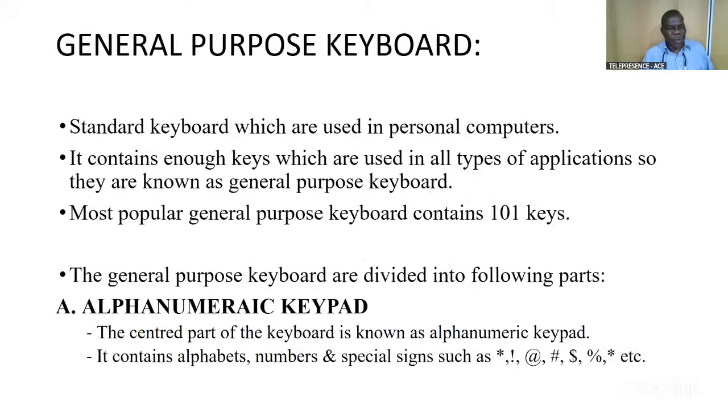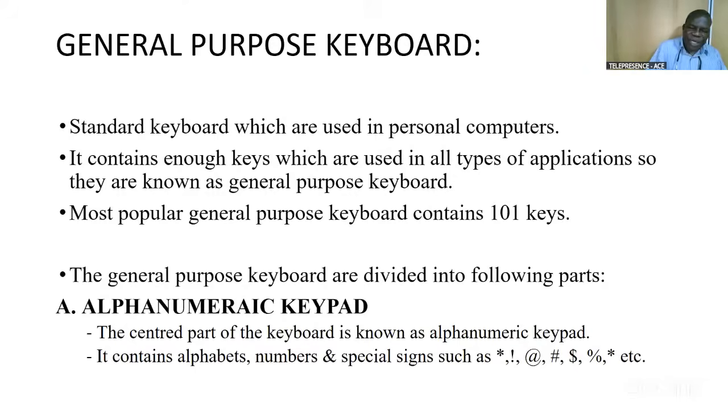General purpose keyboards are standard keyboards which are used in personal computers. They contain enough keys which are used in all types of applications, so they are known as general purpose keyboards. The most popular general purpose keyboard contains 101 keys.